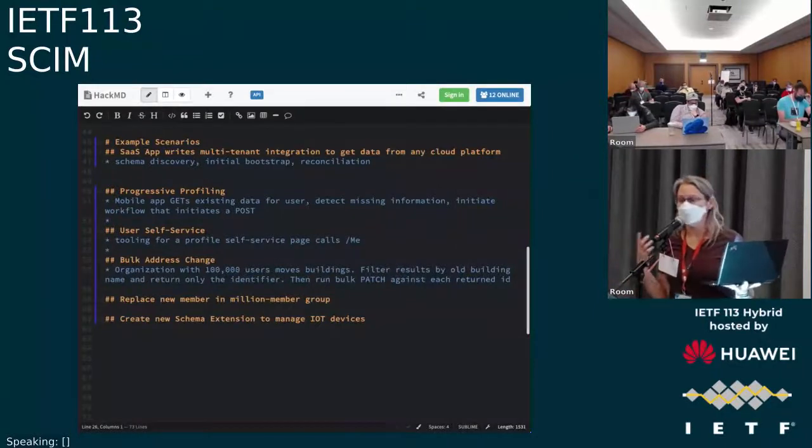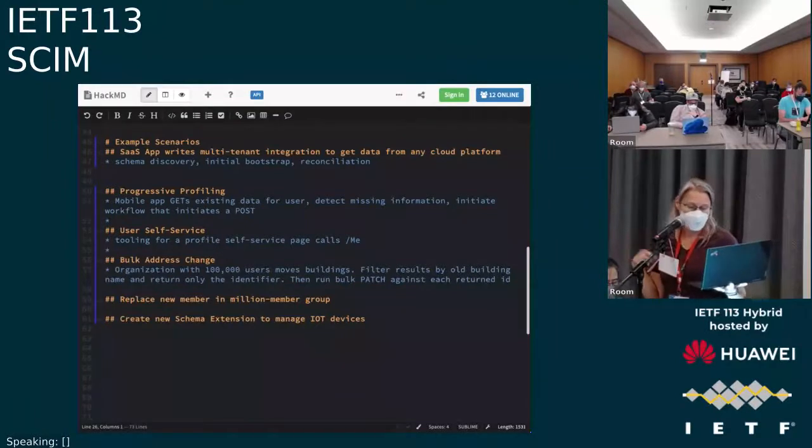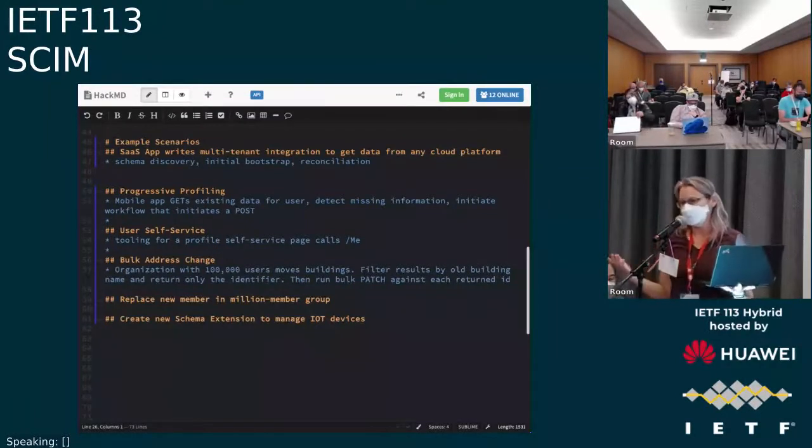Imagine you go to buy a car, and because you've only been a marketing subscriber up until that point, they need to ask for some important data inline before you can continue with the purchase. That's the progressive profiling use case. And then user self-service would be the idea that you go manage your profile in a web page or a web portal, and that data then gets pushed through the chain.